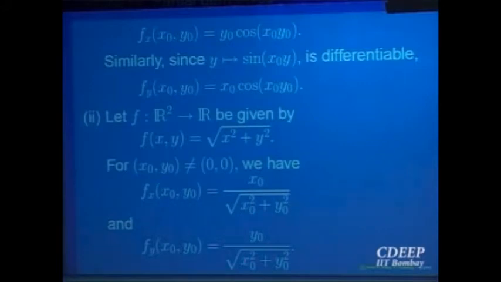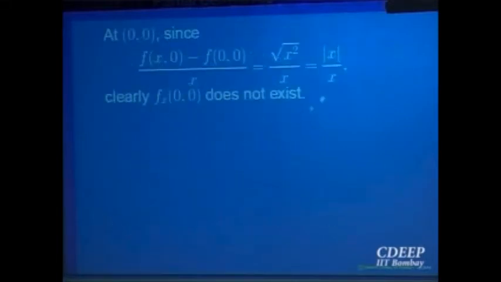At 0, 0, you have to analyze it by definition. There is no other way out. So you have to fix, say, y equal to 0, then the function becomes f(x, 0), that is equal to the square root of x square. Now that depends on whether x is positive or negative. Accordingly, you get plus or minus x. So you see that the derivative will not exist. So at 0, 0, the derivative of this function does not exist.